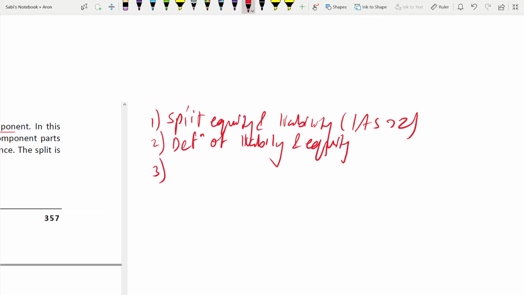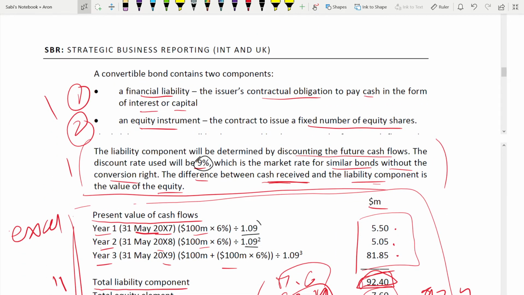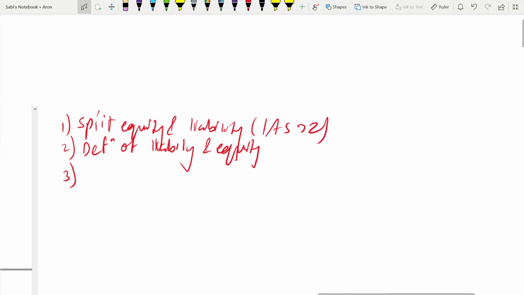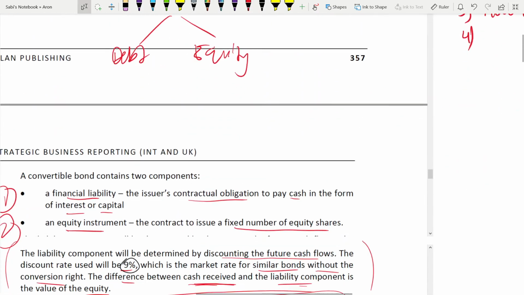Third mark: how to measure liability and how to measure equity. That means find the present value, and the equity is the balancing figure. I'm writing this point so that you can use it for future reference for any similar questions.